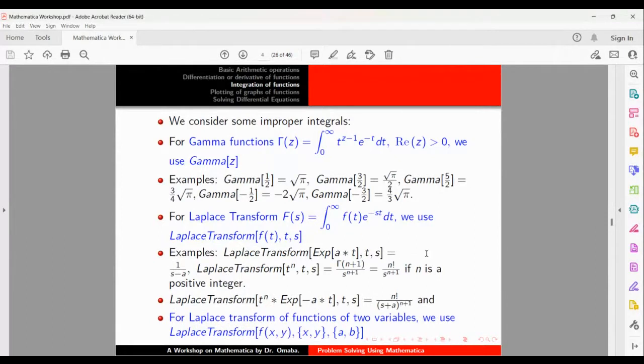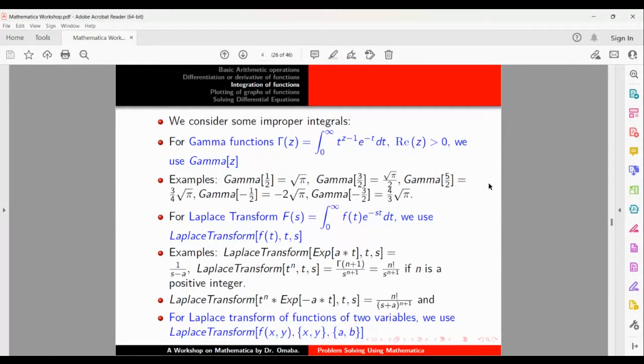And more importantly, this one is not even in a module. If you want to find a Laplace transform of functions of two variables, this will take time even to compute by hand. So if you have a function of two variables, how do you find the Laplace transform?